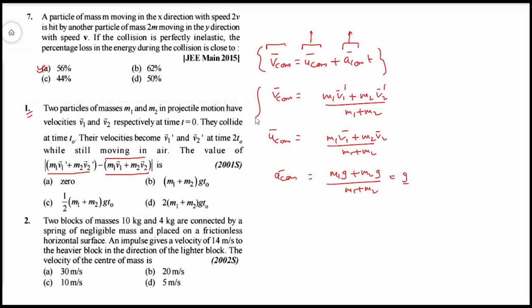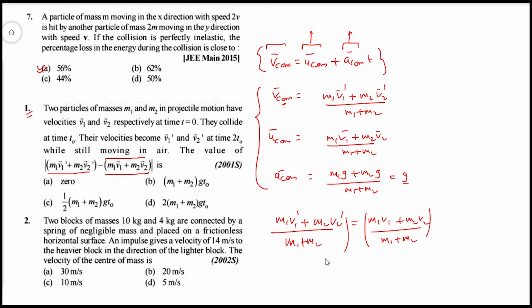Okay, so just put these in equation form. So v com is equal to u com plus a com into t. You're going to write this whole thing is equal to this whole thing plus g into t, and since this is the velocity after time 2t naught, you're just going to write m1 v1 dash plus m2 v2 dash divided by m1 plus m2, that is v, is equal to m1 v1 plus m2 v2 divided by m1 plus m2, that is u.